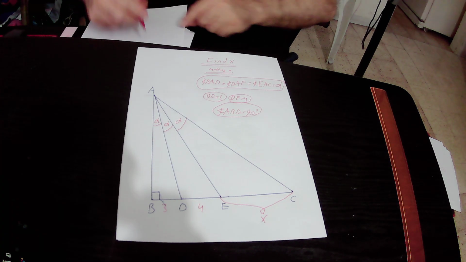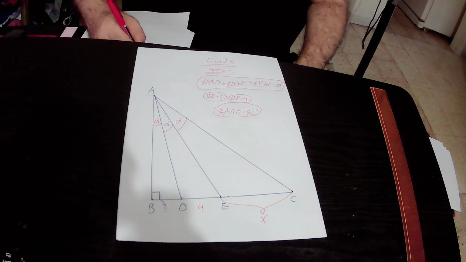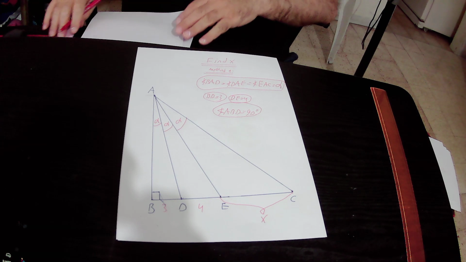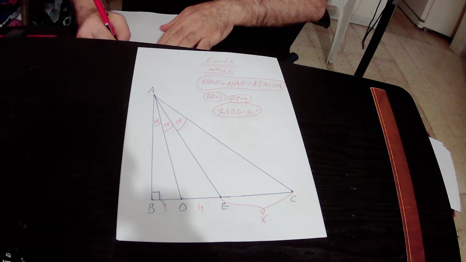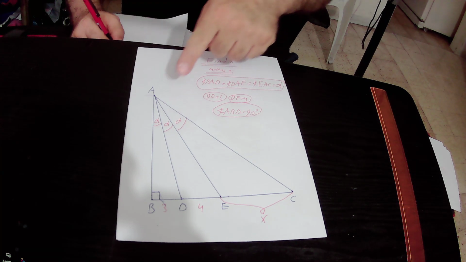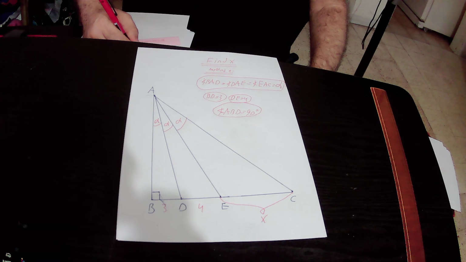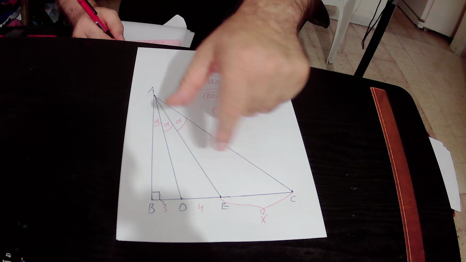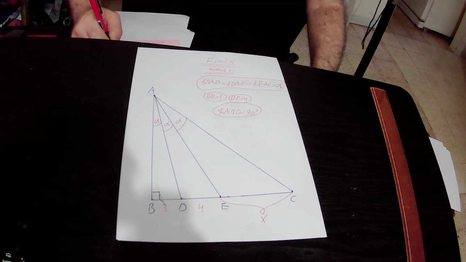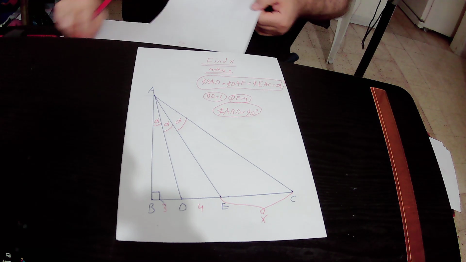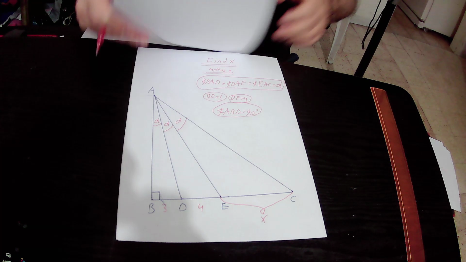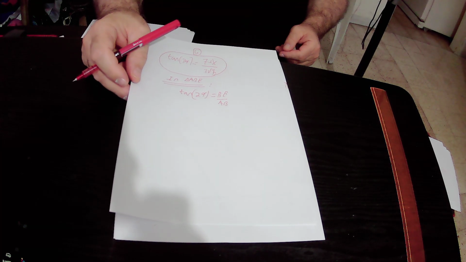In the right triangle ABE, we know that tangent 2 alpha equals BE over AB.